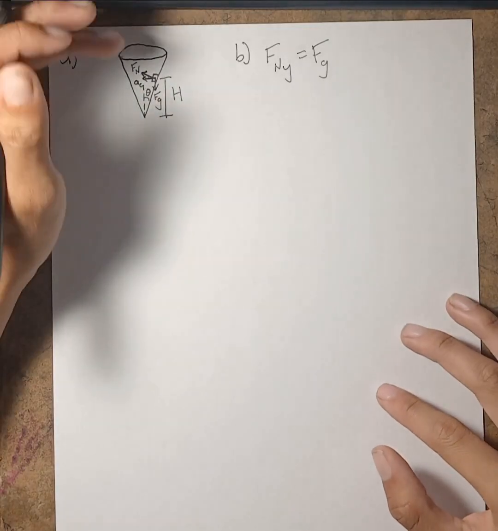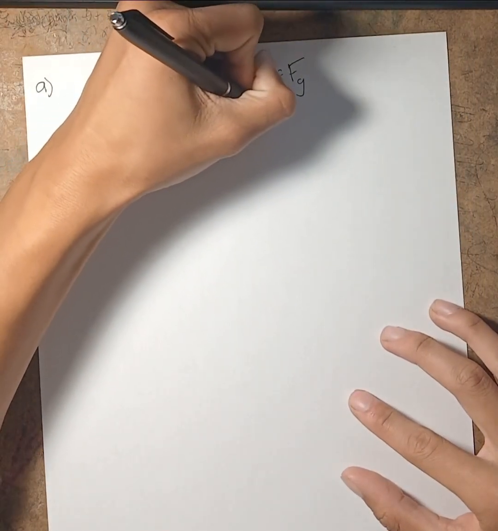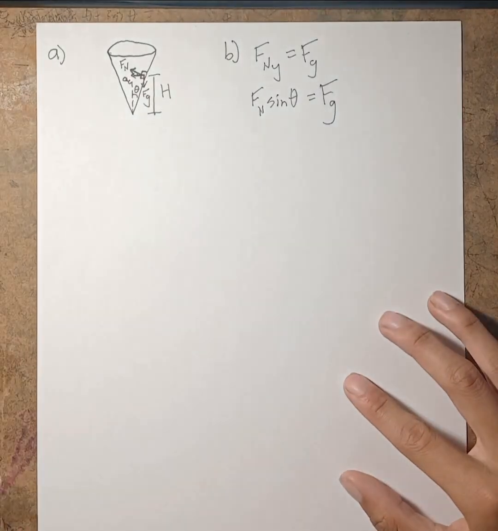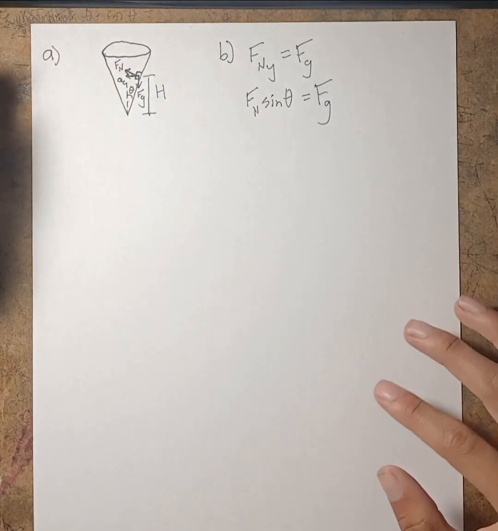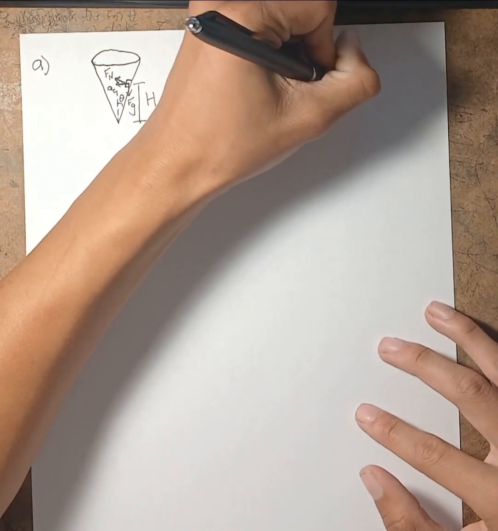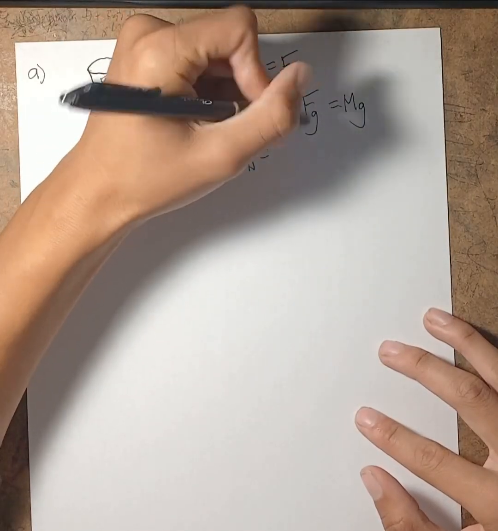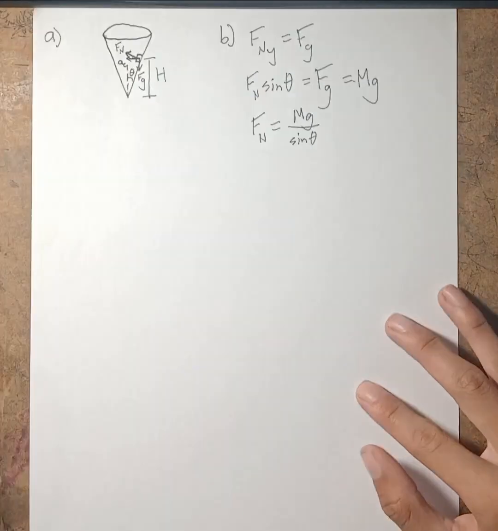And so to find that vertical component of Fn, we just do Fn sine theta and set it equal to Fg, because they have to be the same, because the car is not accelerating up or down the cone. And then, of course, Fg equals mg, and so you can just divide both sides by sine theta to get mg over sine theta equals Fn.